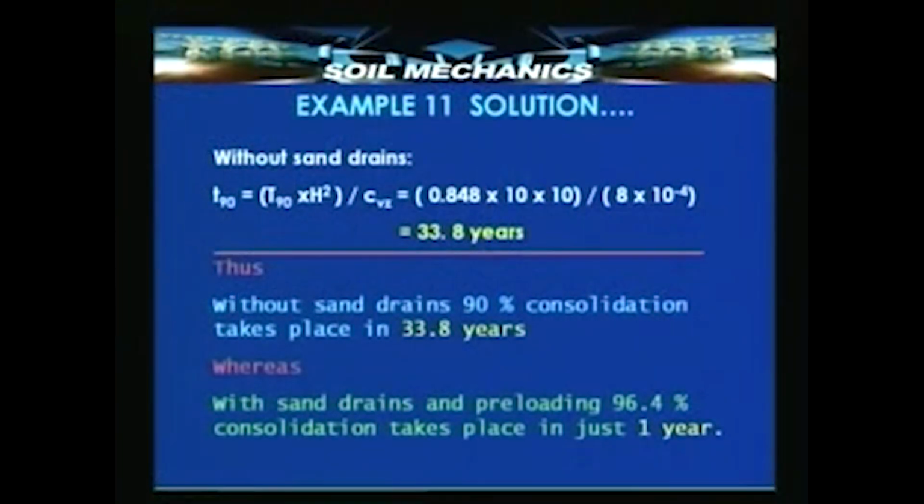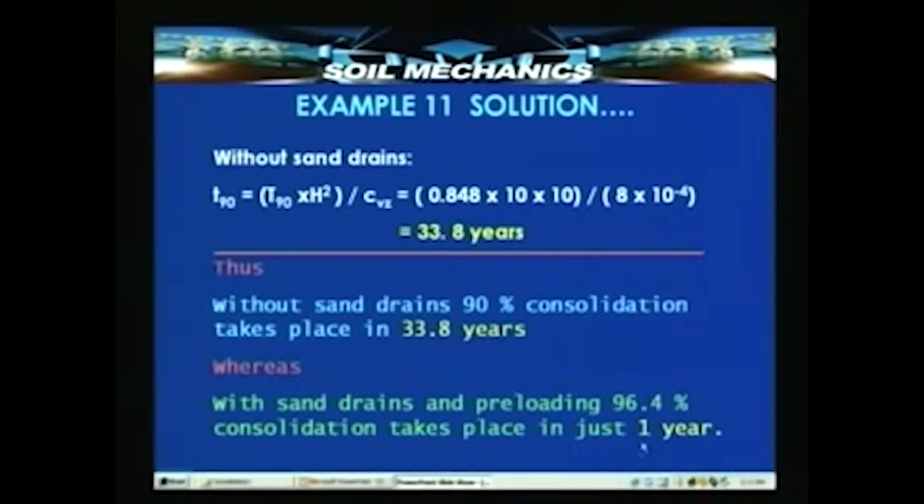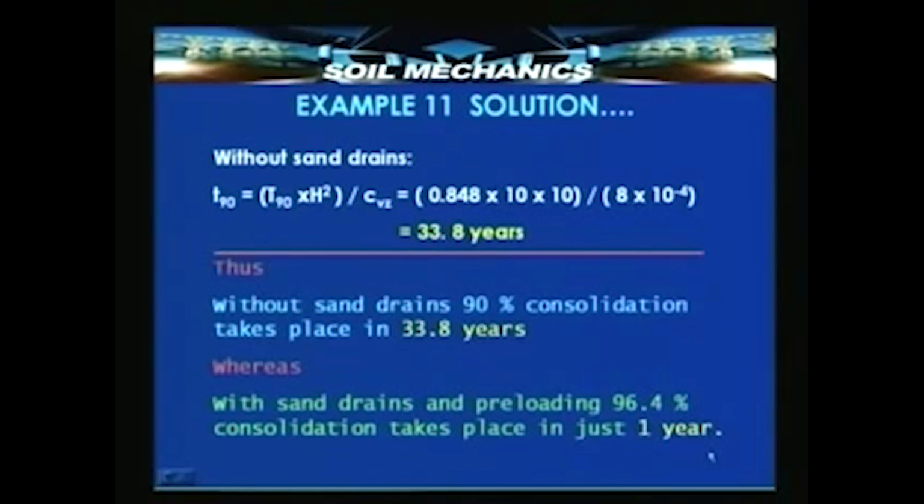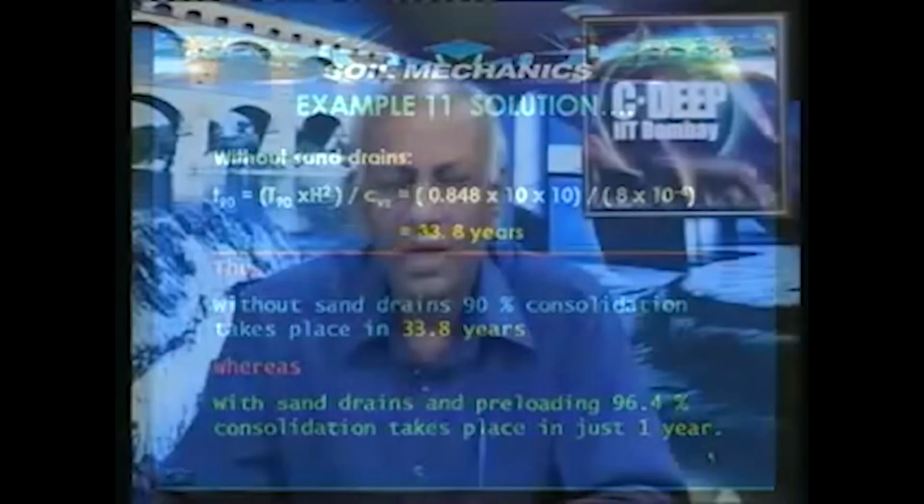So, taking only the time corresponding to that, we find 90% of the consolidation takes place in 33.8 years without sand drains, and 96.4% takes place in just 1 year with the help of sand drains, and that is the degree of improvement, that is the degree of advantage that we gain.